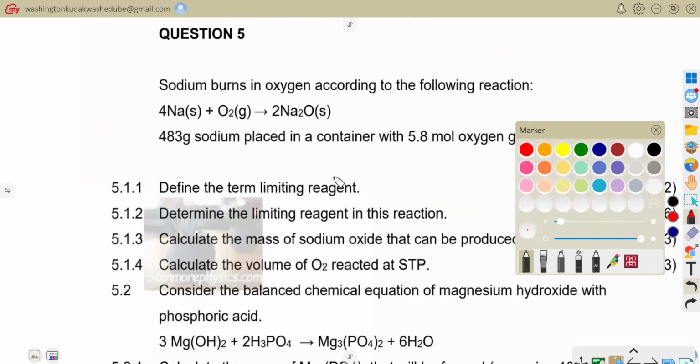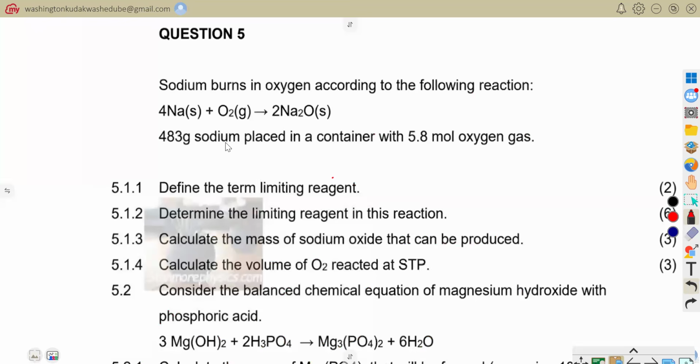You know that the limiting reagent is that reagent which is going to be finished up first, or else that is going to be completely used up first.